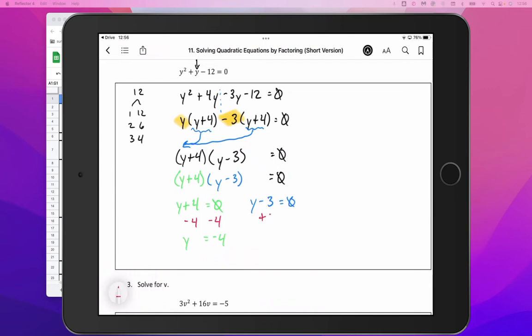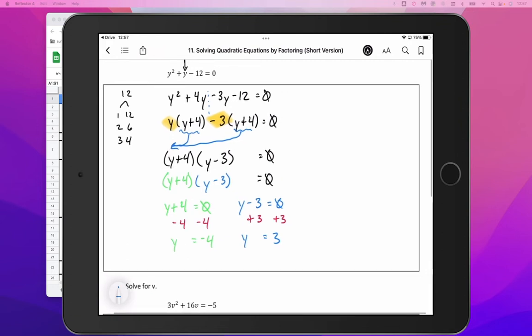And then the right side, the blue part, we end up with y is equal to 3. And so if we put a 3 in there, that whole left side would turn into 0, and we would have our solution. So again, as I mentioned in the last problem, the way that I like to do this is y is equal to negative 4, or y is equal to 3.